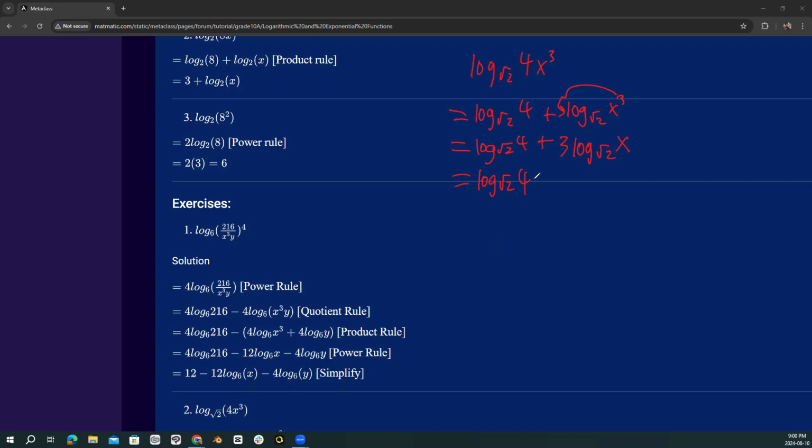Let me just write this as log base square root of 2 of the square root of 2 to the power of 4, plus 3 log base square root of 2 of x. So with this, these two will just cancel out, and we're just left with the 4. So let me just write this as 4 plus 3 log base square root of 2 of x. So this is our final solution here.